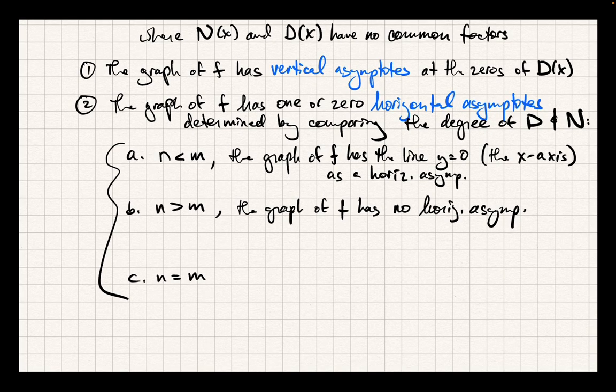This is the only one that's a little bit complicated. This is easy. We might have a horizontal asymptote at the x-axis. In this case, we have no horizontal asymptote. This last case, when n equals m, they're the same degree. Then we have to do a little bit of figuring. So let's write out what that rule is.